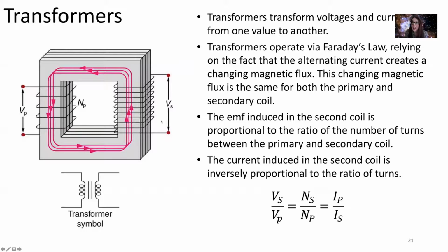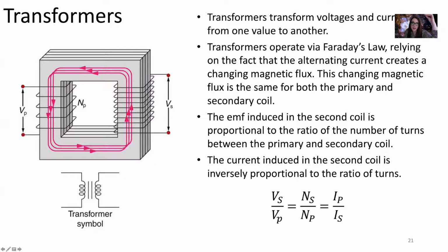And we'll find that that ratio is proportional to the ratio of the number of times you've wrapped that wire around for the primary and the number of times you've wrapped that wire around for the secondary coil or the output coil. So over here on the left, we might have electricity coming in from our power plant. That's going to be transformed from some voltage and current to some higher voltage, lower current through this transformer.